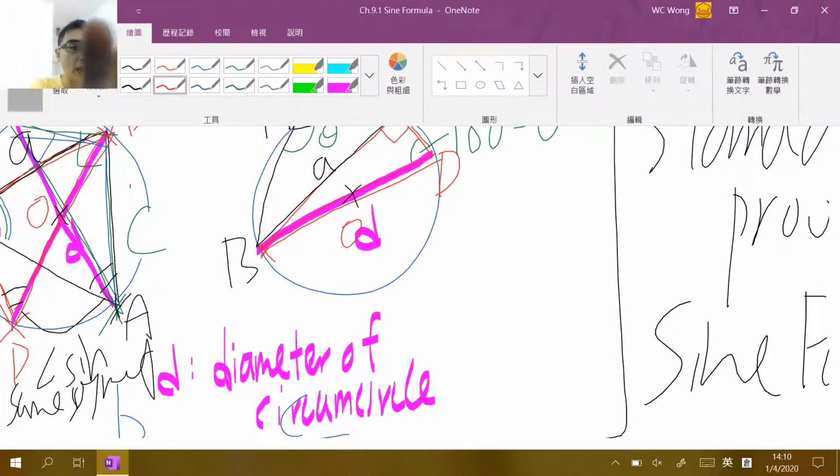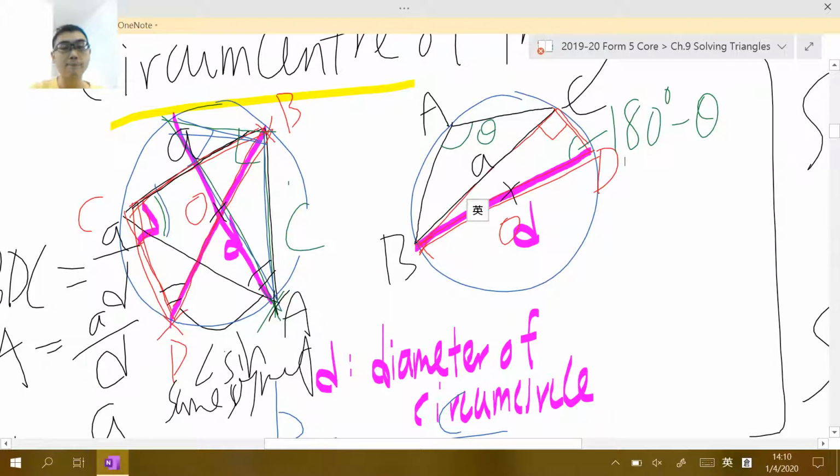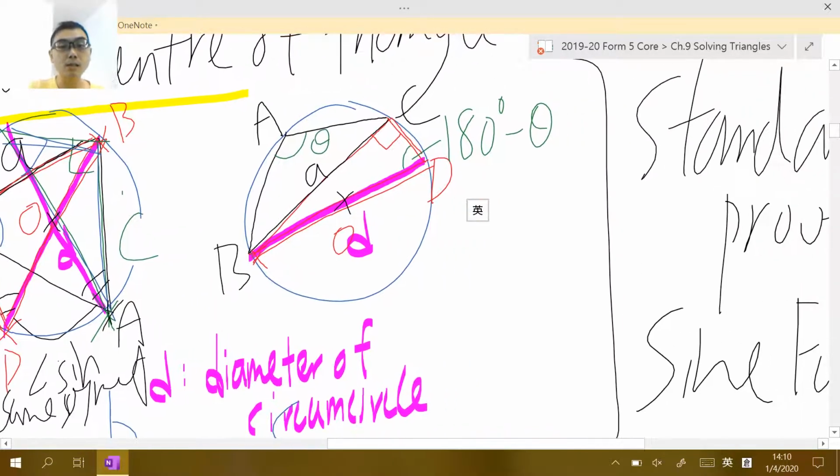Originally, in the acute angle form, they're the same because of angle in the same segment. But if the circumcenter is outside the triangle, you cannot form the angle in the same segment. But you can use the cyclic quadrilateral AB dot C here to say the angle B dot C should be 180 subtract the original one, because of opposite angles of a cyclic quadrilateral.